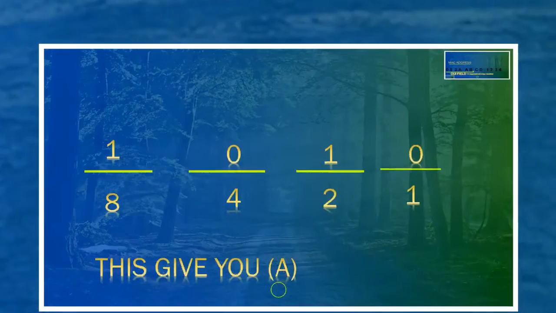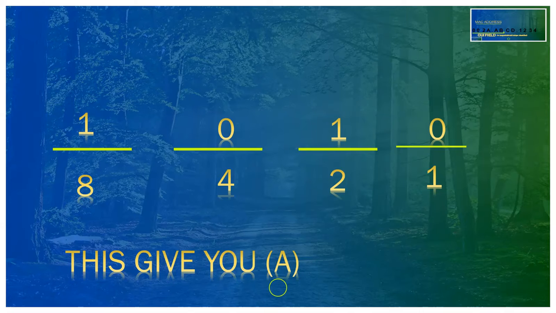Actually, A means 10, right? So the 8 bit is turned on, and the second bit is turned on. The 4 and the 1 bit are turned off.